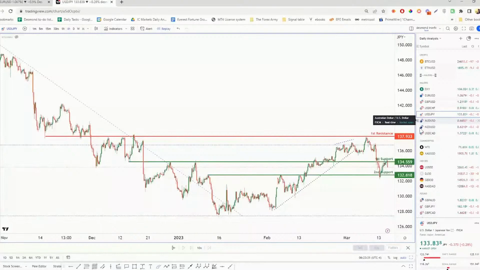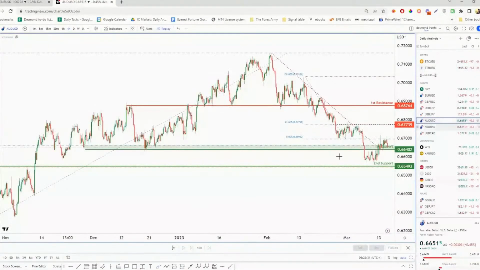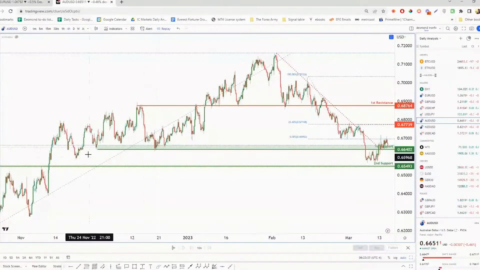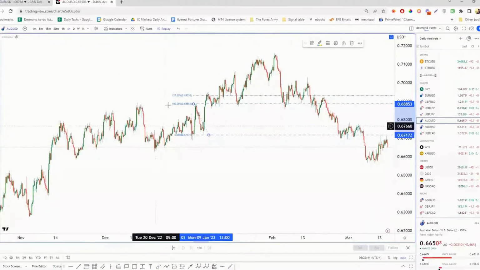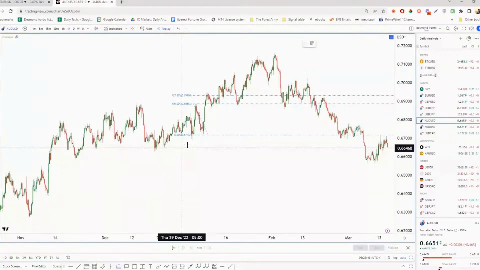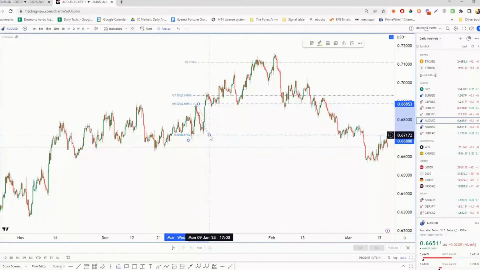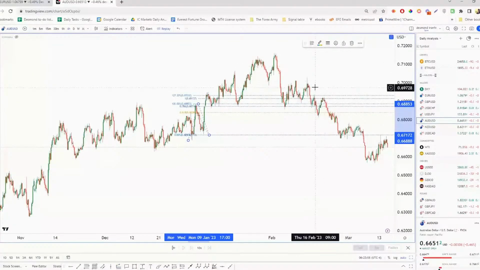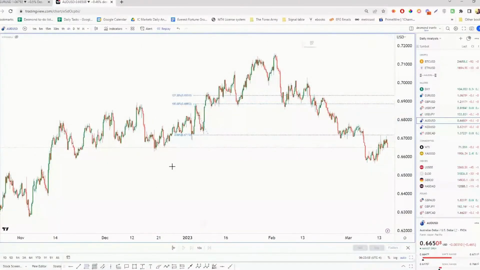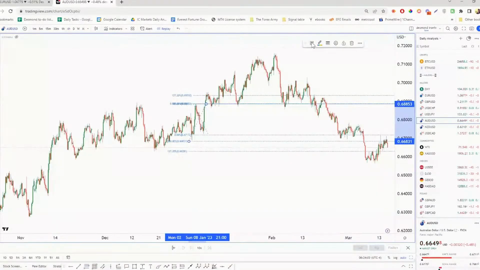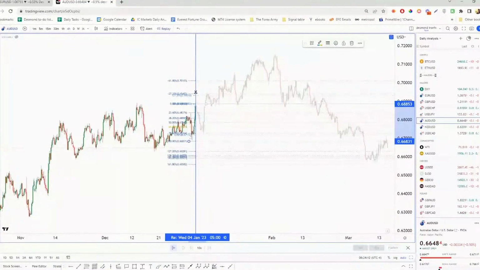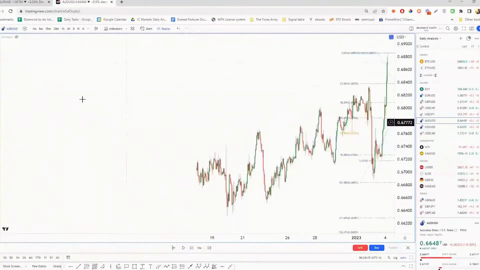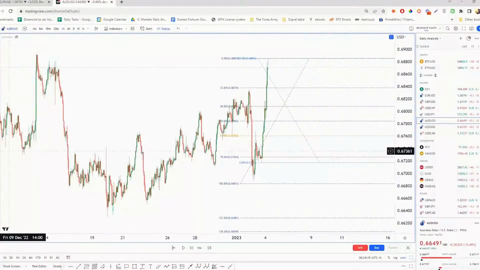Let me see if I can find a good example with a Fibonacci projection. Okay, this is one example over here.